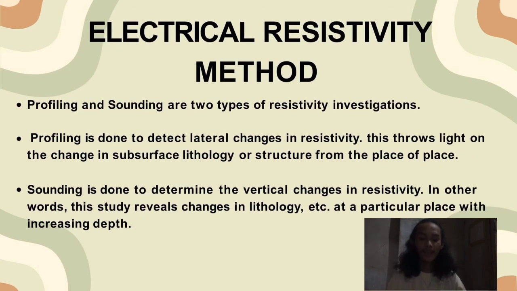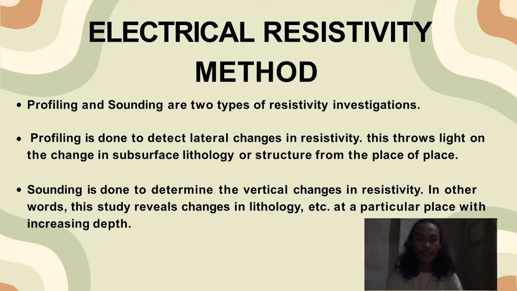Electrical resistivity method: profiling and sounding are two types of resistivity investigation. Profiling is done to detect lateral changes in resistivity. This throws light on the change in the subsurface lithology or structure from place to place. Sounding is done to determine the vertical changes in resistivity.